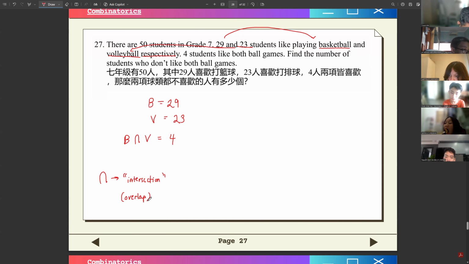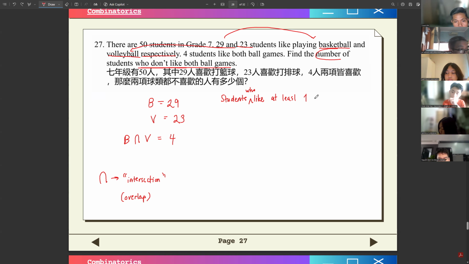Okay? So how do we analyze this one? We want to find the number of students who don't like both ball games. Okay, so first, let's count how many students like at least one ball game.